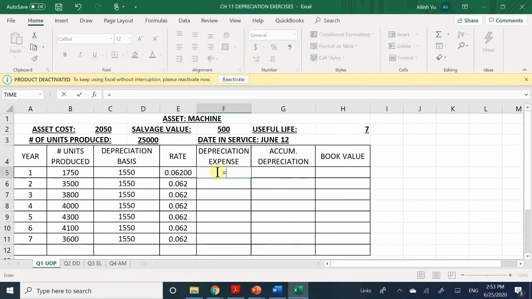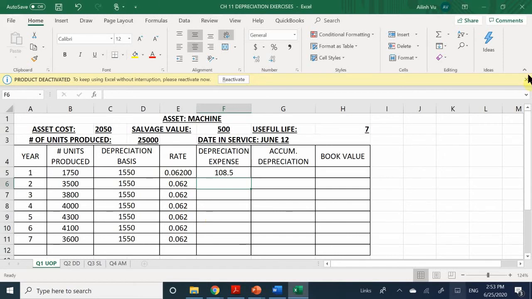Wait a minute. Maybe I have these decimal points wrong. Okay, I'm gonna try that again. 17.62%.